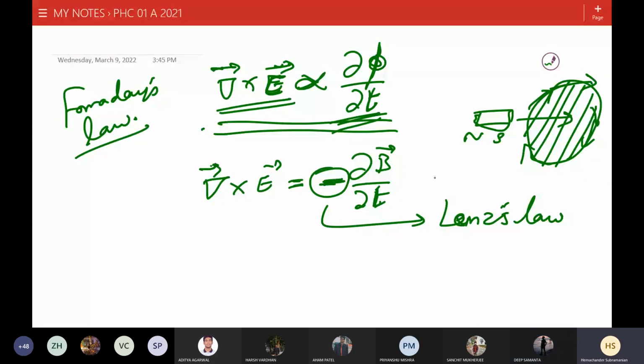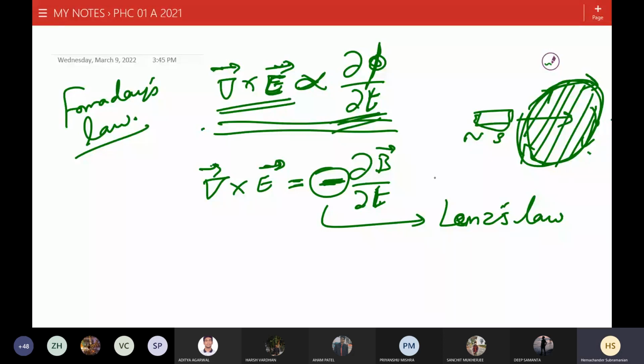So that negative sign is Lenz's law. Let me state it again. If you're trying to change the magnetic flux within this loop, the electric field would be set up in such a way as to create another magnetic field that opposes the rate of change of the magnetic flux. That is what this negative means.